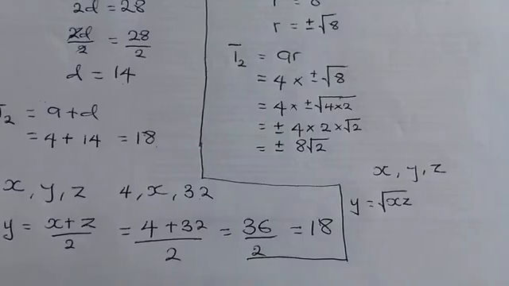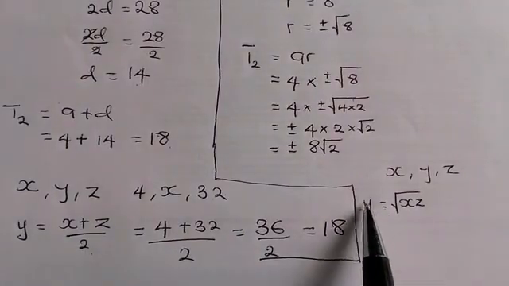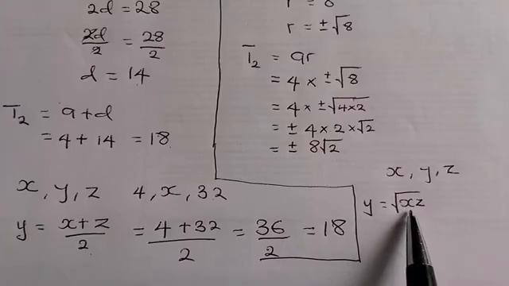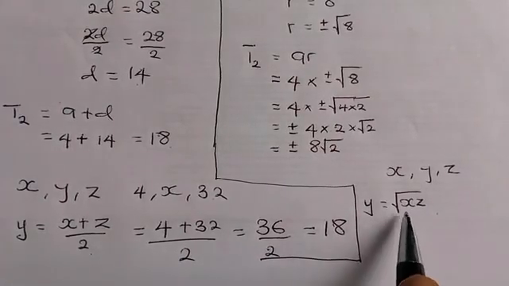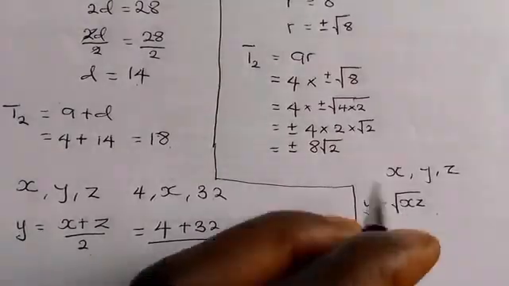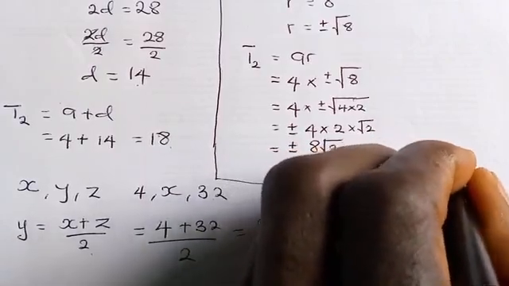Unlike arithmetic mean, where we have x plus z over 2, the geometric mean will be y equal to the square root of xz. So if that is the case, let me bring our expression here. We have 4, x, 32.